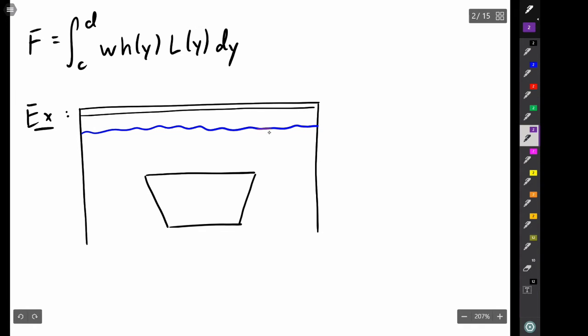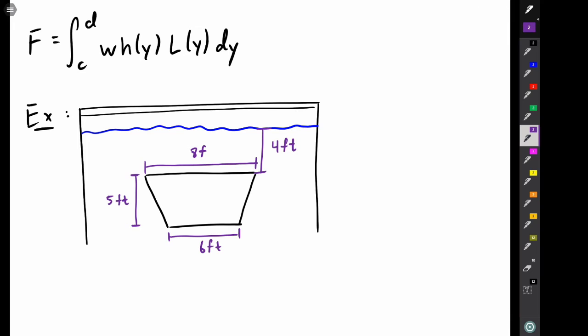Let's say the dimension from water level to the top is 4 feet. The width at the top of this is 8 feet. The width at the bottom is going to be 6 feet. And the overall height of this thing is 5 feet.